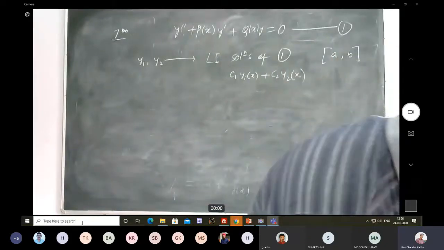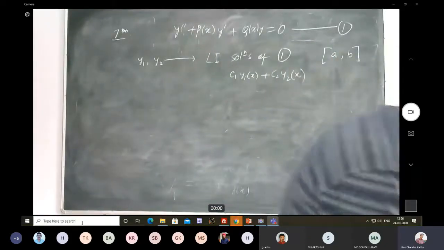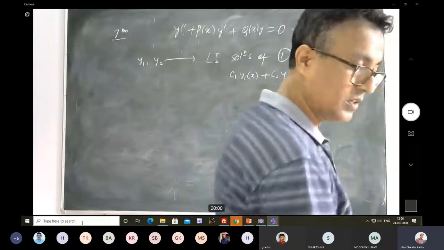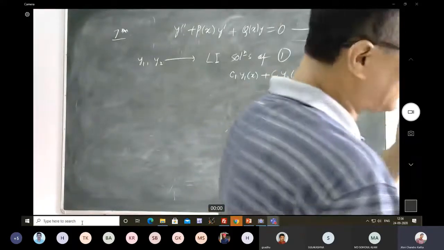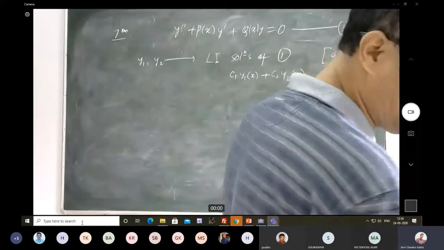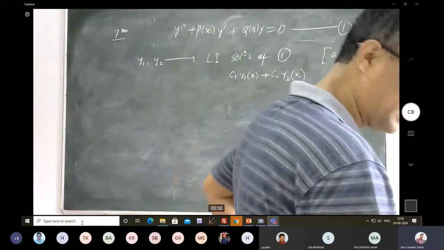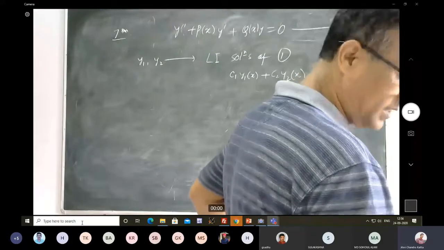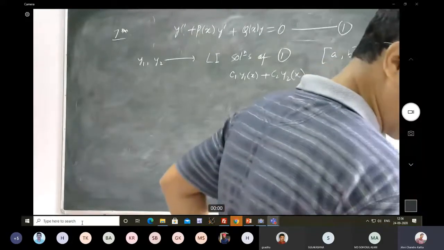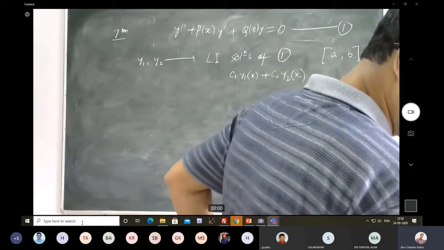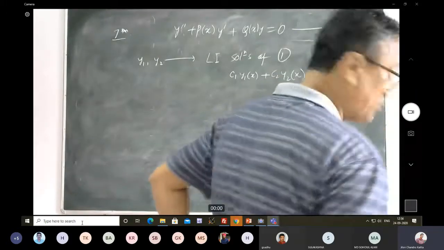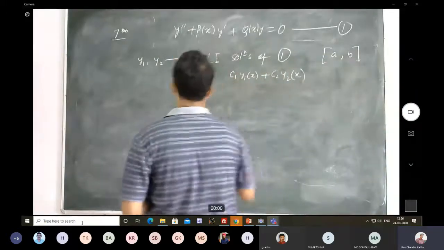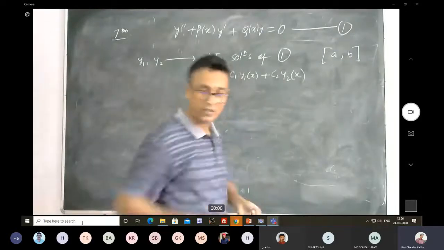Then this is what? This is the general solution of 1 on (a, b), right? And the next thing is important. In the sense that every solution of 1 on this interval can be obtained from 2 by a suitable choice of the arbitrary constants C1 and C2. Okay, fine.